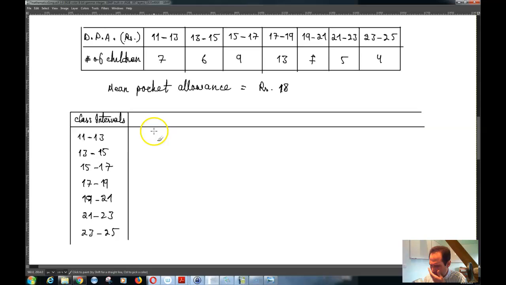And then the frequencies related to these class intervals are 7, 6, 9, 13, F, 5, and 4.